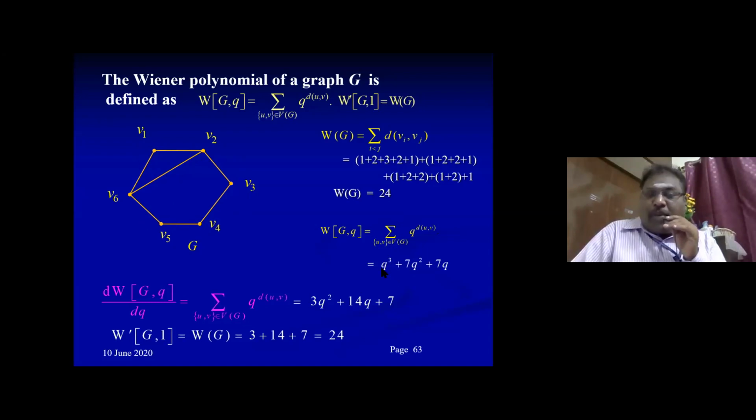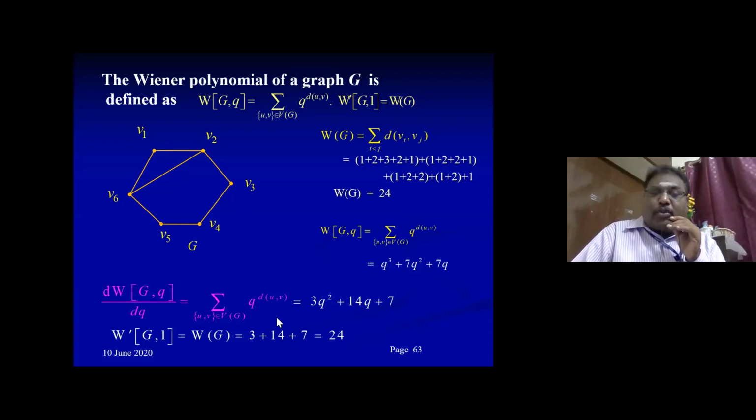So the Wiener polynomial of this particular graph is q cube plus 7q square plus 7q. Look at the beautiful concept here. Now comes the calculus. If I differentiate this polynomial with respect to q, that is 3q square plus 14q plus 7.